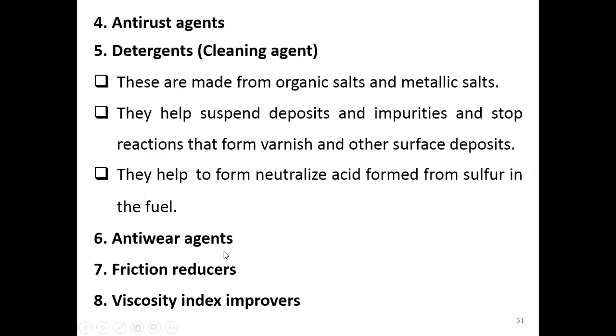Anti-wear agents prevent any wear on our engine components. Friction reducers reduce the friction so engine parts can move smoothly. The viscosity index improver increases the viscosity of the lubrication oil.